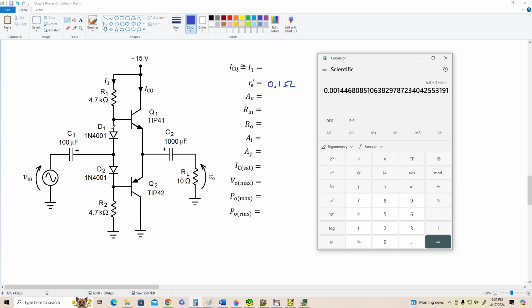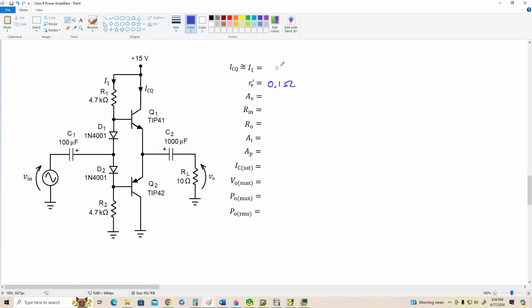So we've got about 1.4 milliamps flowing down through these resistors. That means we should have about 1.4 milliamps of collector current. That should be enough to slightly turn these transistors on and eliminate crossover distortion and not waste too much power while we're sitting here just idling. And by the way, sometimes ICQ is called the idling current for an amplifier like this.